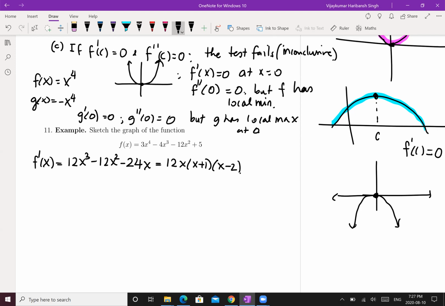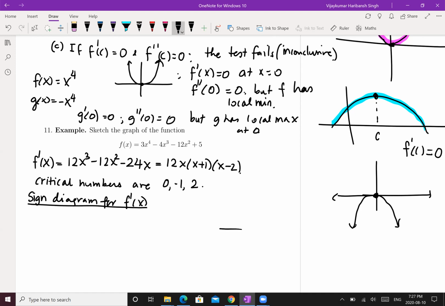So critical numbers are 0, minus 1, 2. Then I'm going to draw the sign diagram from before, the sign diagram for f prime x.